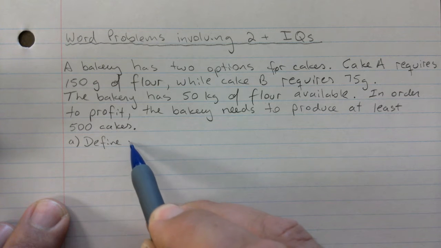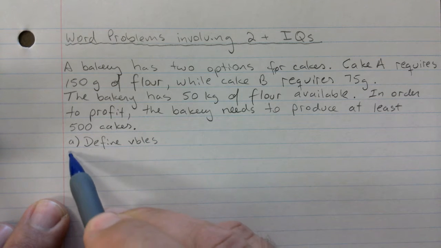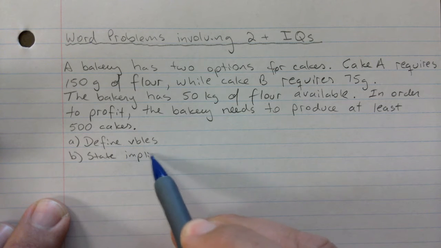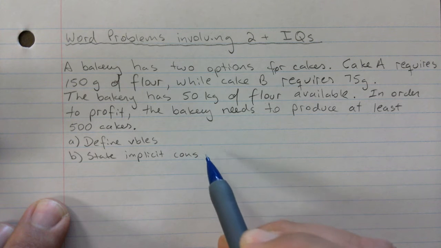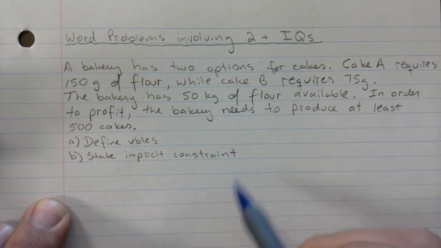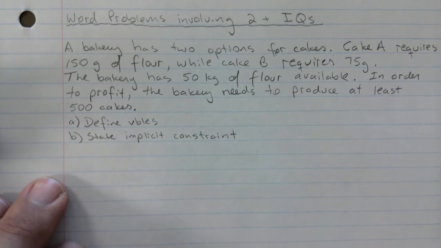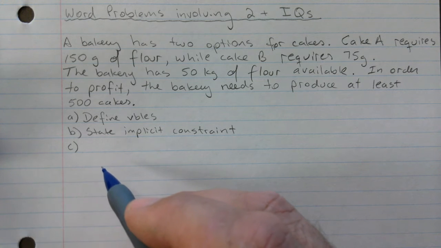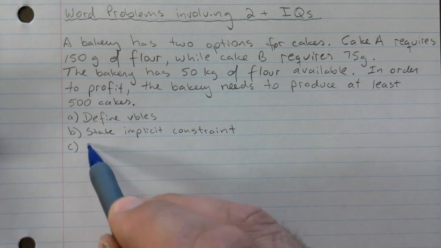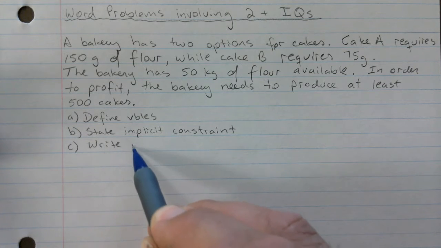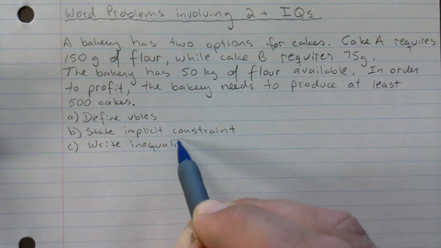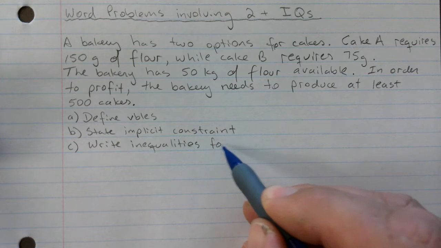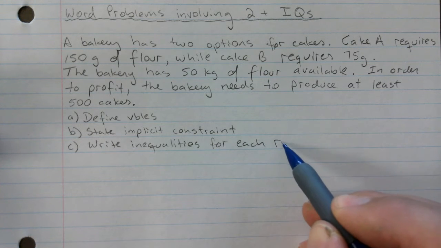Define variables, state implicit constraint, write inequalities for each restriction.